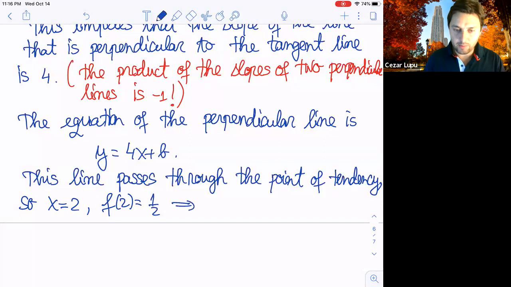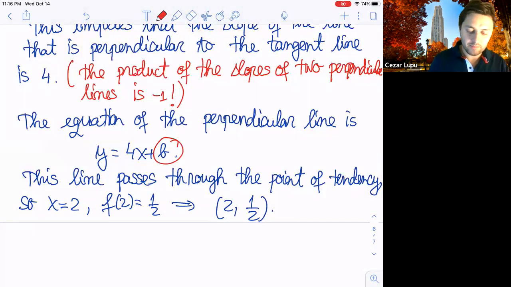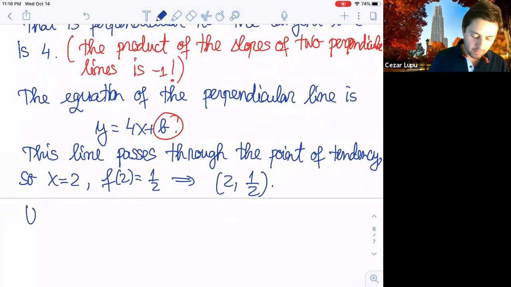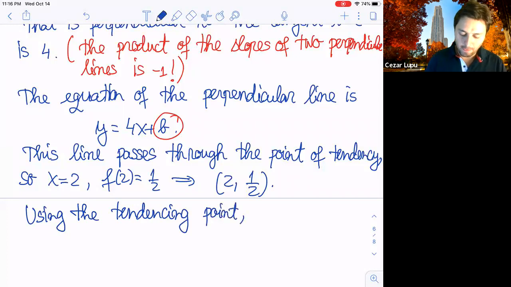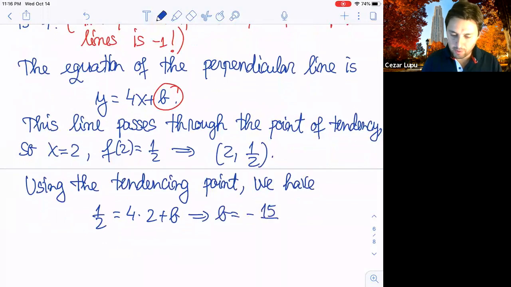So we have the point of coordinates 2 and 1/2. So we need to find b now. So keep in mind that we don't know b. We will use the tangency point. So using the tangency point, we have that 1/2 is nothing other than just 4 times 2 plus b. And from here it follows immediately that b is -15/2.